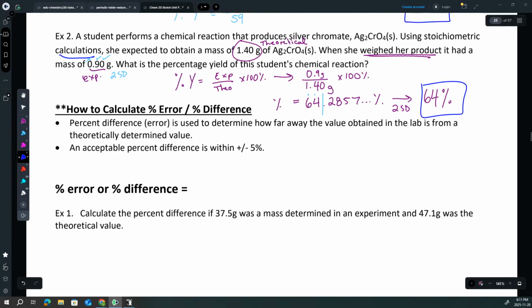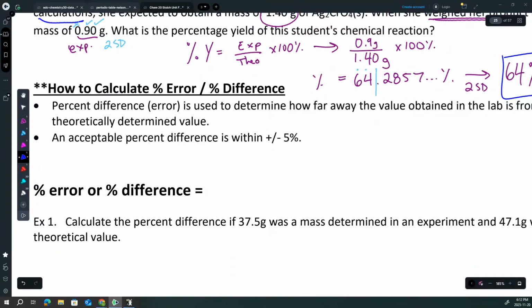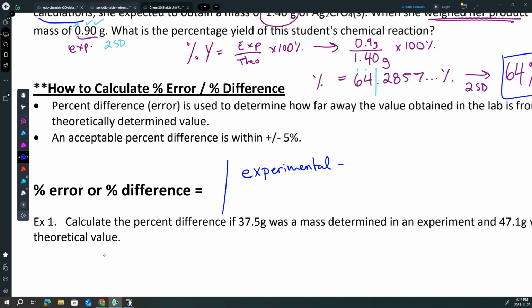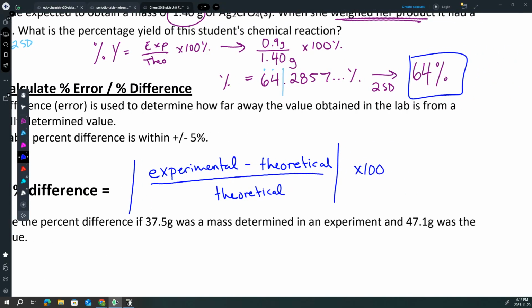So the formula for percent error or percent difference is going to be an absolute value sign, experimental minus theoretical, divided by theoretical, and we close the absolute value sign and then times it by 100%.